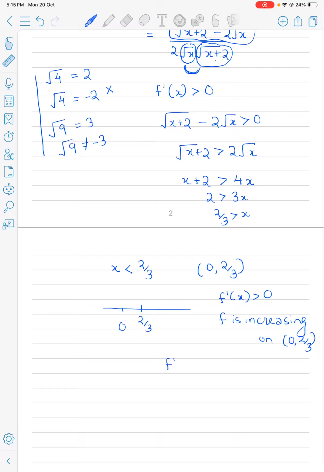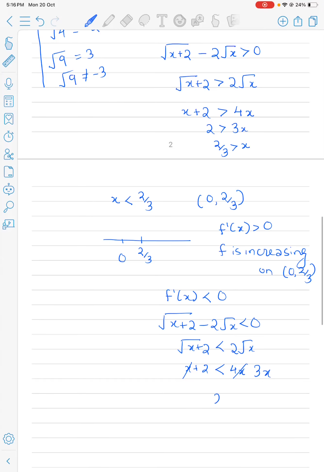And similarly, you check f'(x) is less than 0, which means x plus 2 minus 2 root x is less than 0, so x plus 2 is less than 2 root x. Square both sides, you'll get x plus 2 less than 4x. Okay, x cancel, 3x. 2 by 3 is less than x.